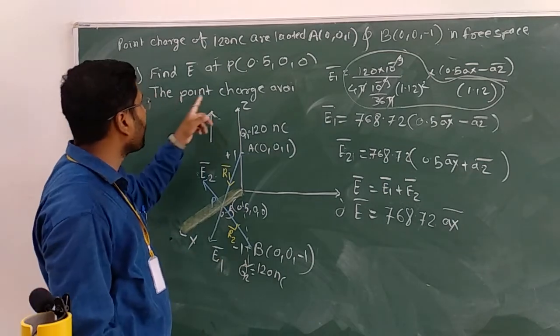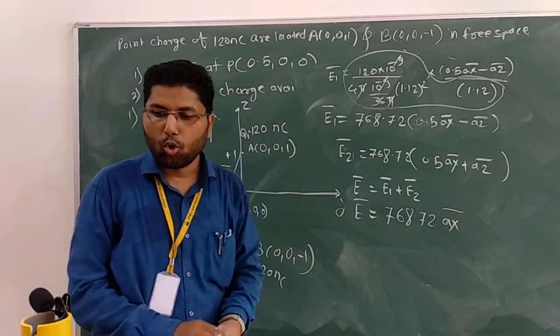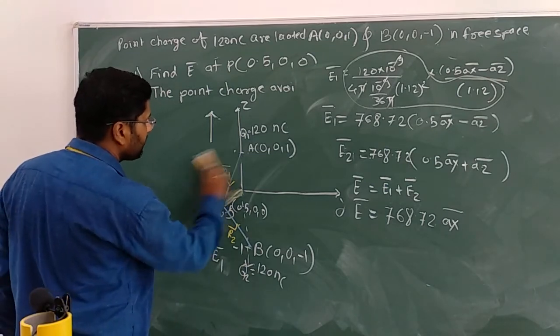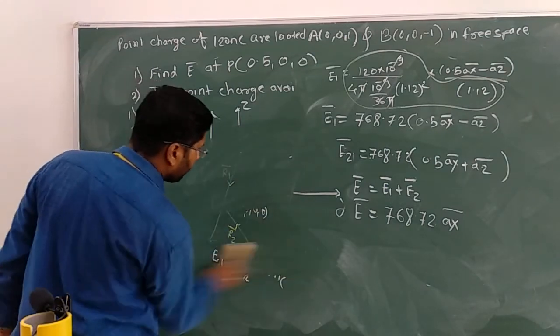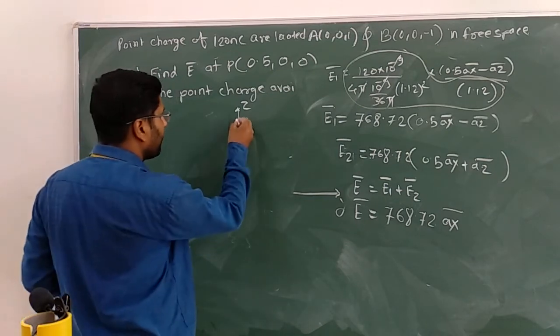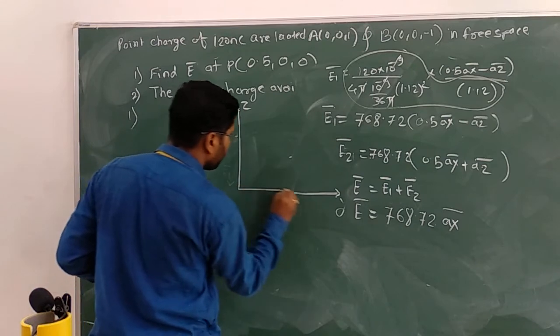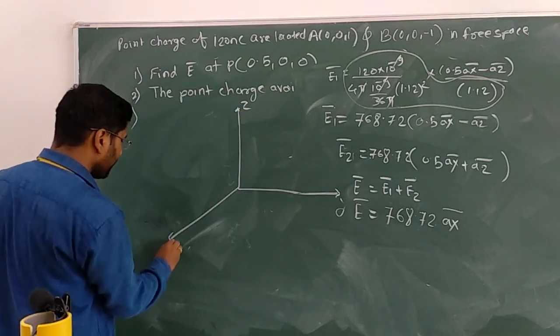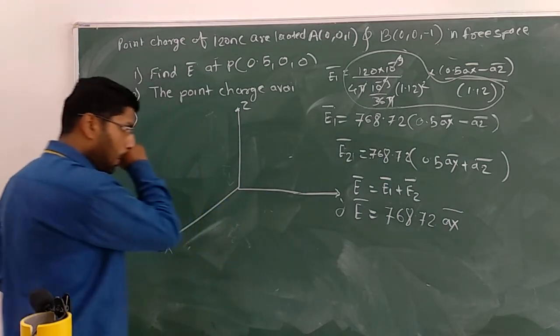What about the second? The point charge is available at the origin with the same charge, which means now all this you have to remove and you have to see here this x, y and z.